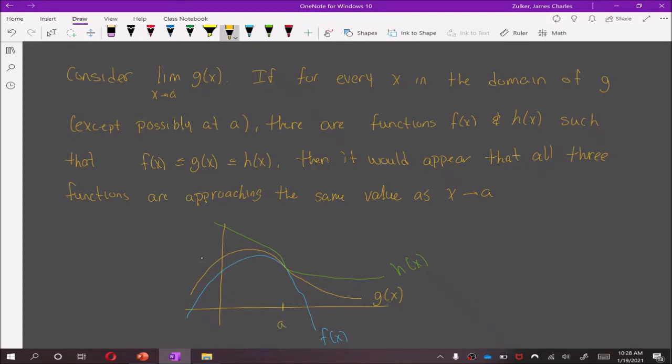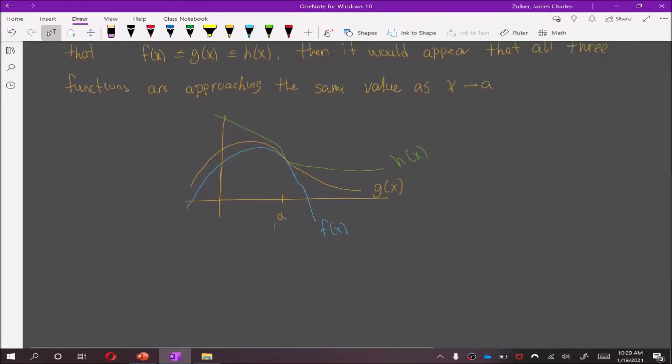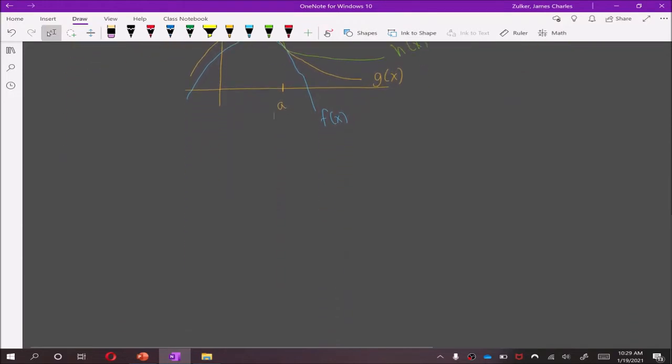Notice then that essentially what's happening is the values of g of x are getting squeezed to one value, specifically f of a and h of a. This is the essence of the squeeze theorem, which I'm now formally going to state.